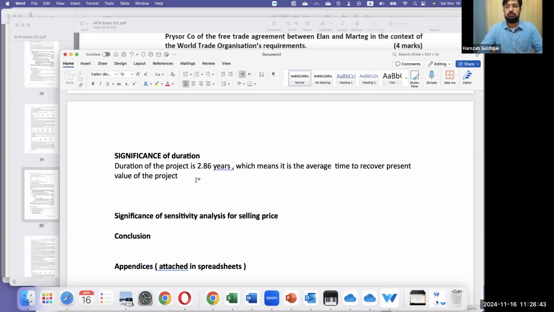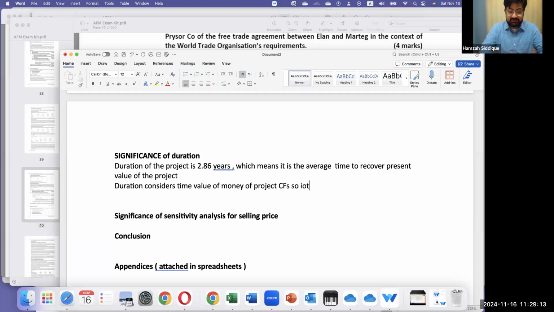So students, duration significance. Duration considers time value of money of project cash flows.